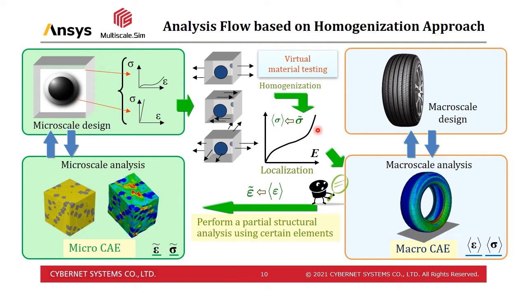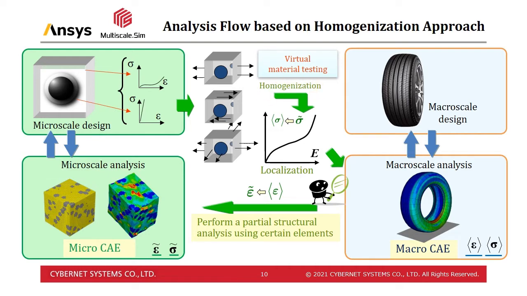The macroscale model is made of the composite material, but its non-homogeneous microstructure is not modeled and is homogenized by means of the equivalent material constants obtained from the previous step. In this way, the information between two different scales is combined via equivalent material constants. This analysis step is called homogenization analysis.